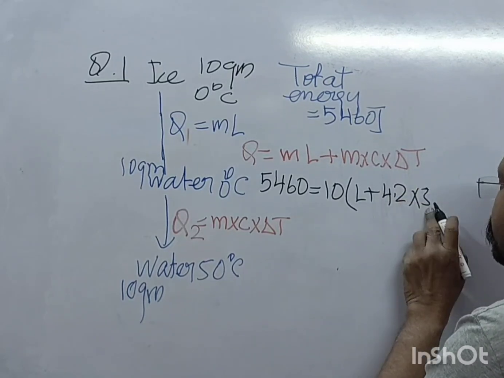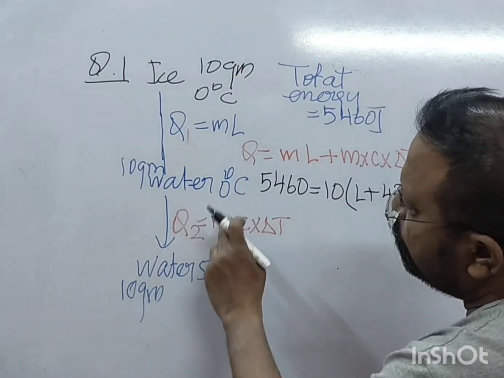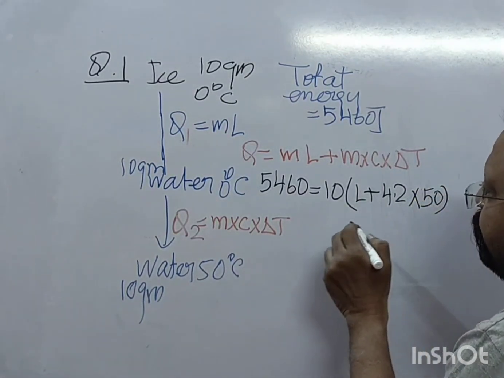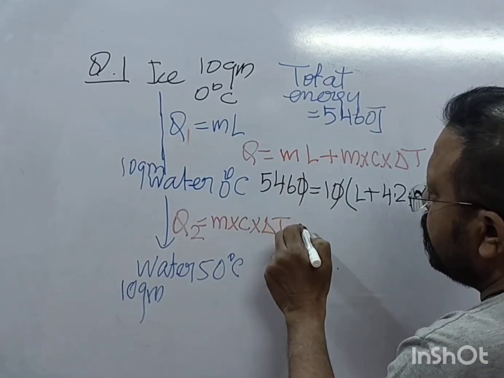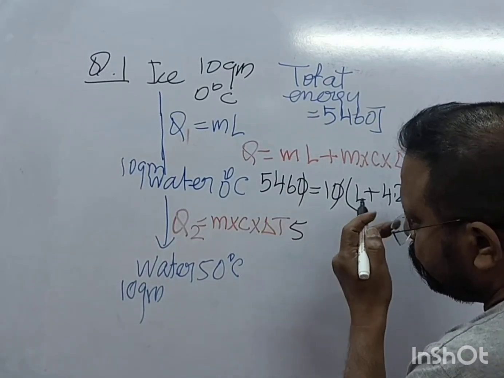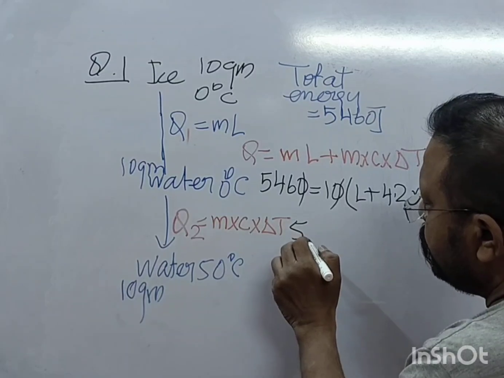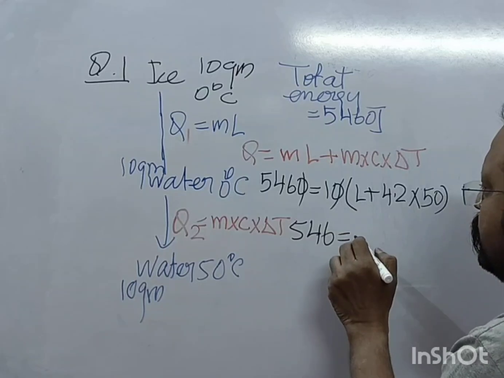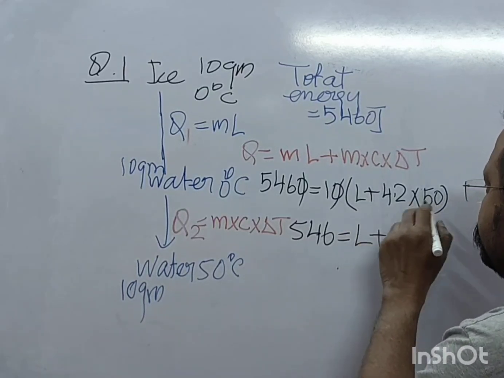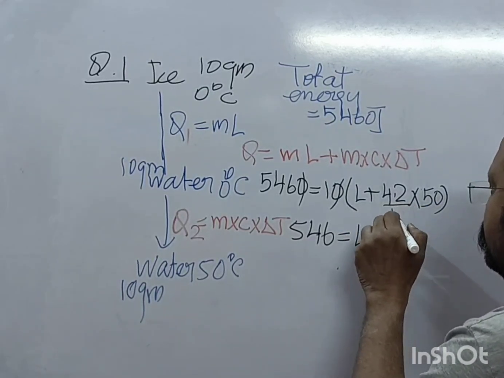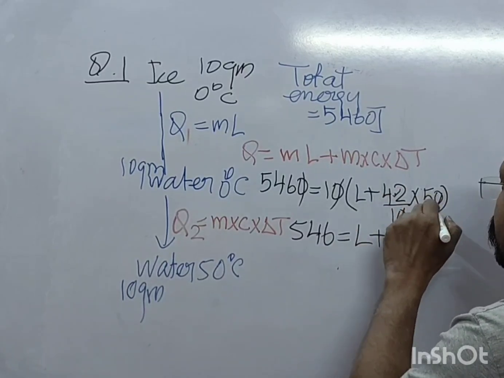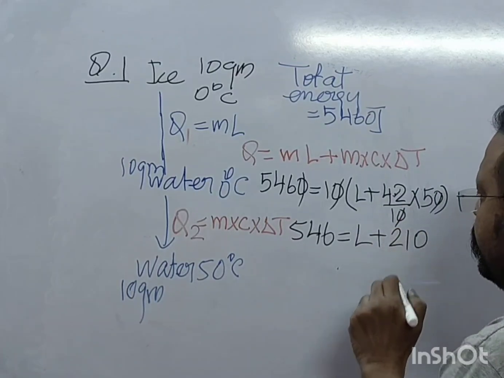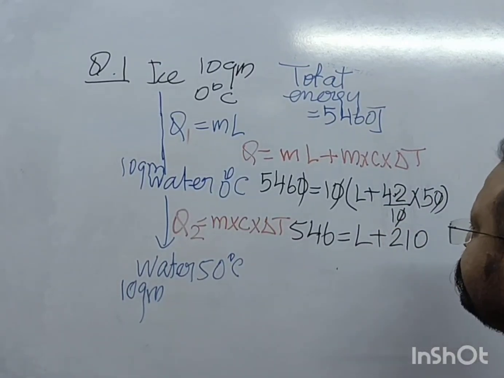Change in temperature is 0 to 50, so 50 minus 0 becomes 50. So this 0 and 0 are cancelled out. 546 is equal to L plus 210, right?